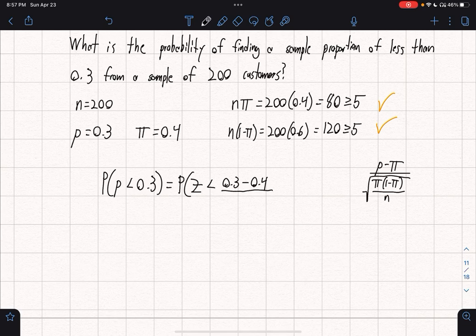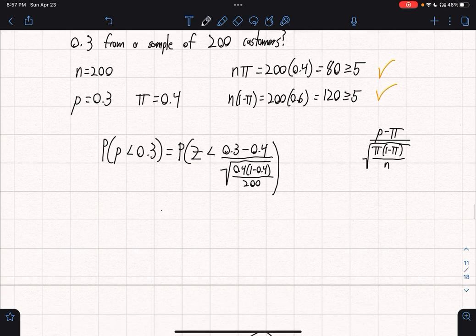So p was 0.3, pi was 0.4, divided by the square root of 0.4 times 1 minus 0.4, or 0.6, divided by n, which is 200. This is going to be equal to the probability that z is less than. If we plug this into our calculator, we're going to get z less than negative 2.89.